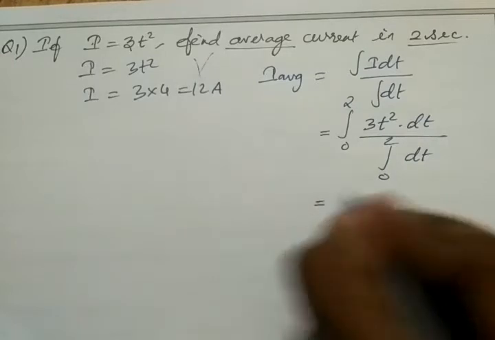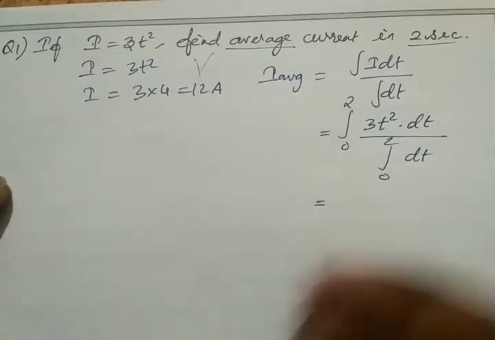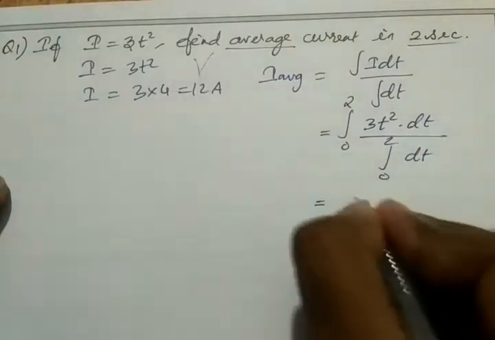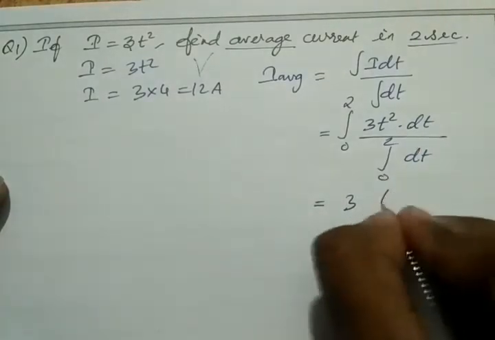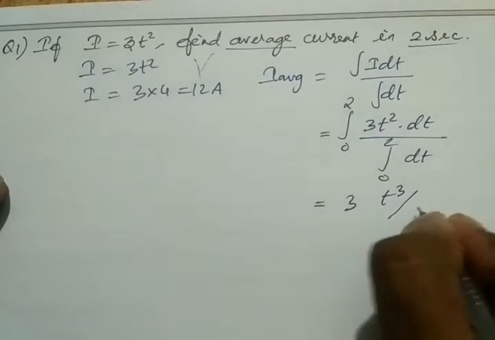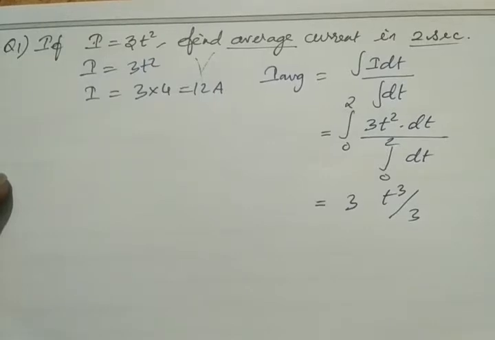Okay, so if you integrate 3t square, then we have to add 1 to the power and write the total value in the denominator. So I take 3 outside. Here we get t cube divided by 3. Okay, integration of t square is t cube divided by 3, or integration of t cube is t power 4 divided by 4.